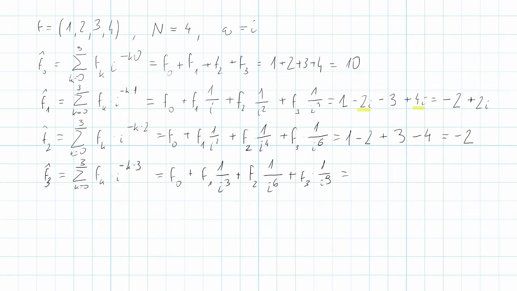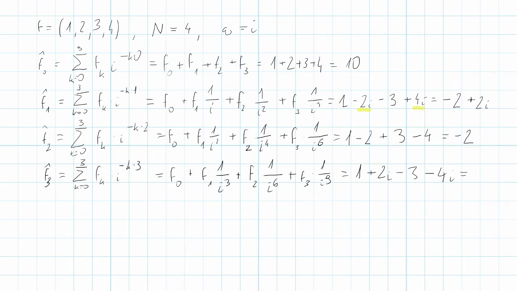So this is 1. Now 1 over i cube, we already know that it's plus i, so it's plus 2i. Now the 6th power of i is minus 1, so it's minus 3. And now we have minus i, so it's minus 4i.